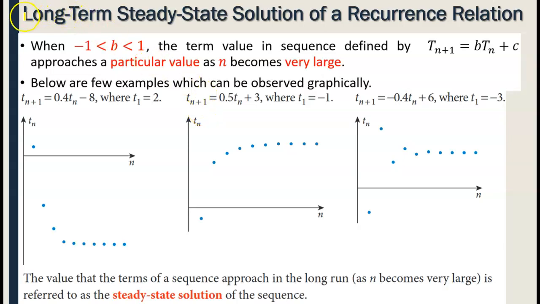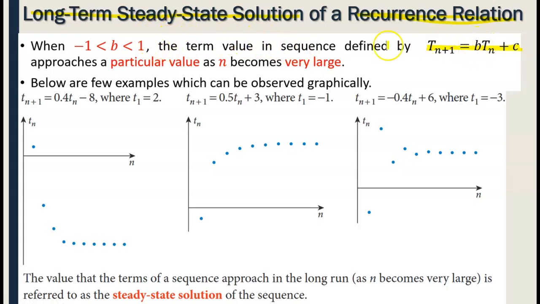Now let's look at the long-term steady-state solution of a recurrence relation. If you look at the first-order linear recurrence relation, when do you actually have a situation of steady state?